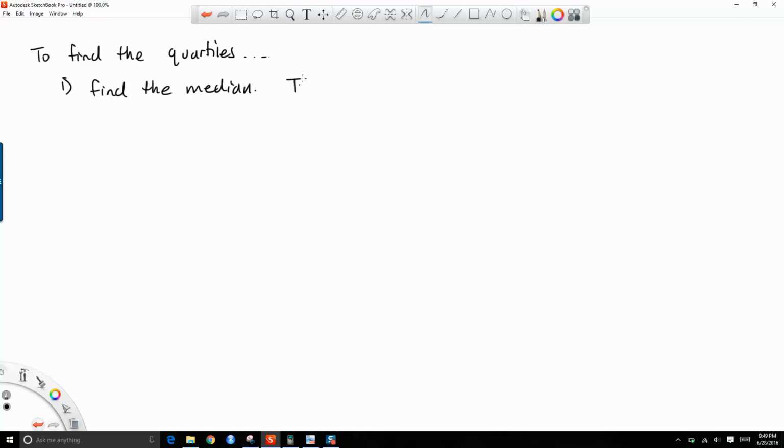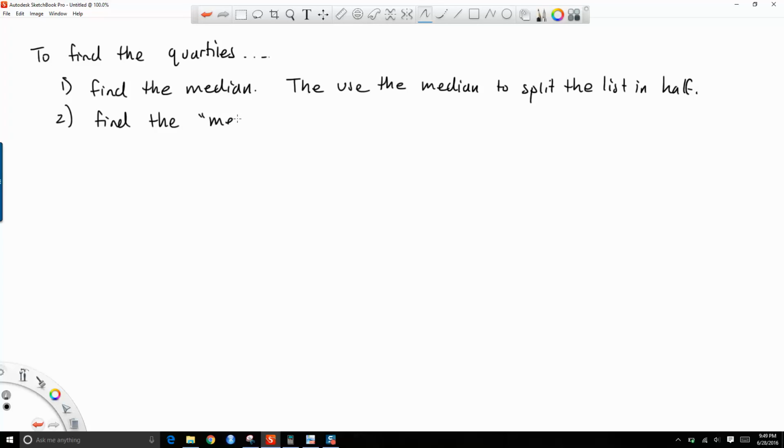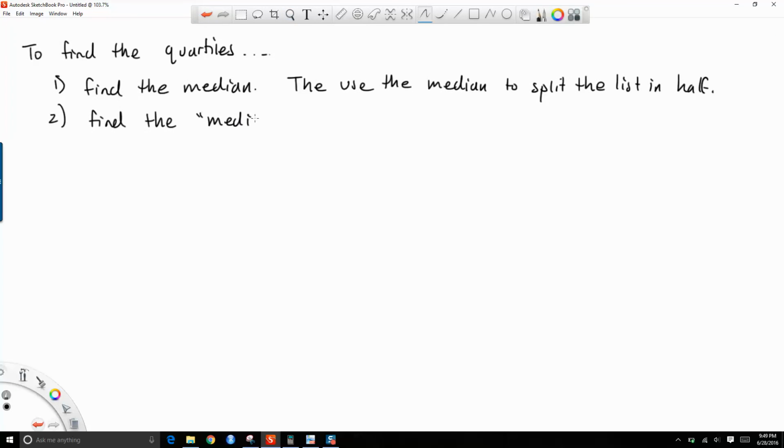Then use the median to split your list in half. And then find the quote-unquote median of each half list. And those would be the quartiles.